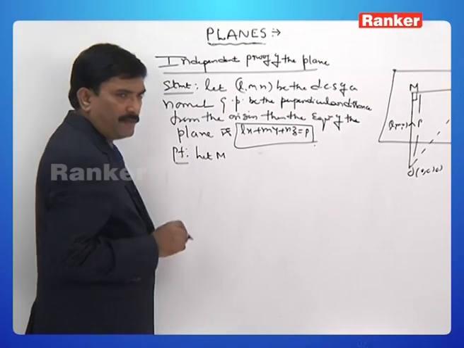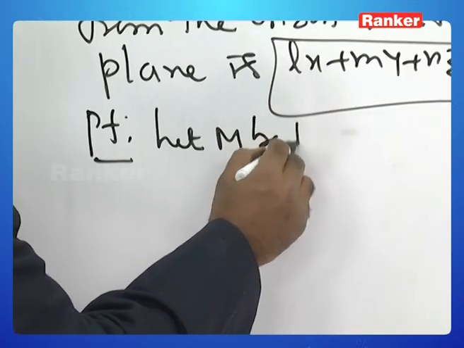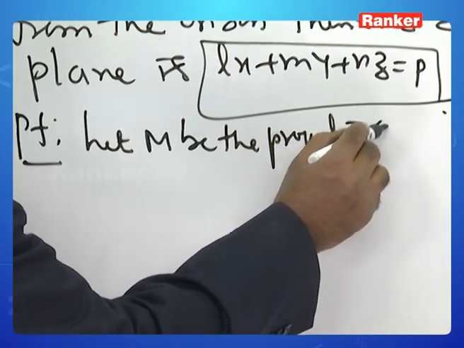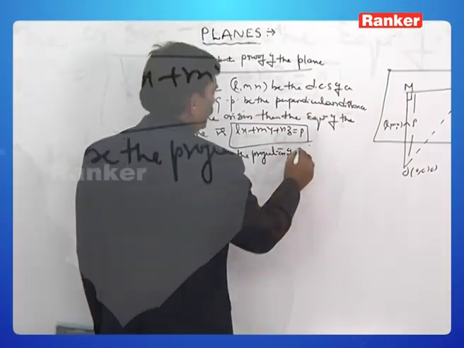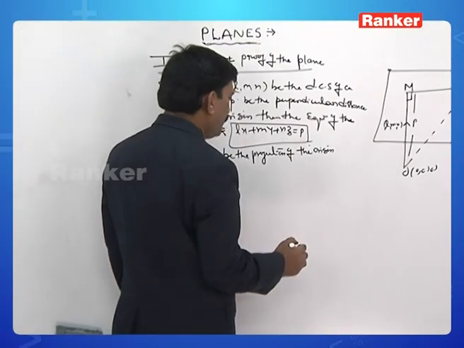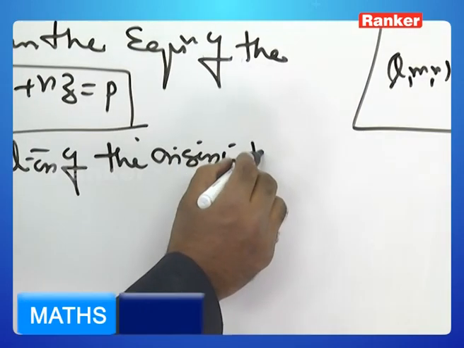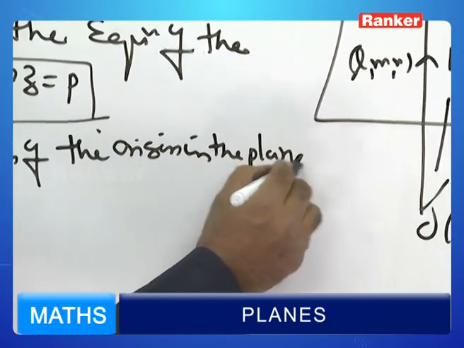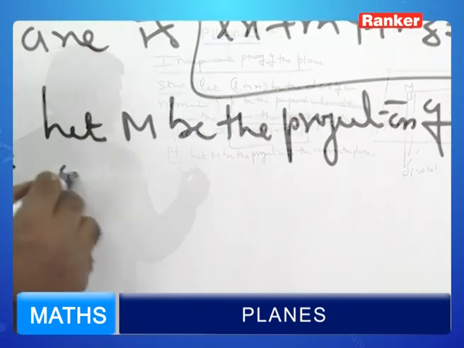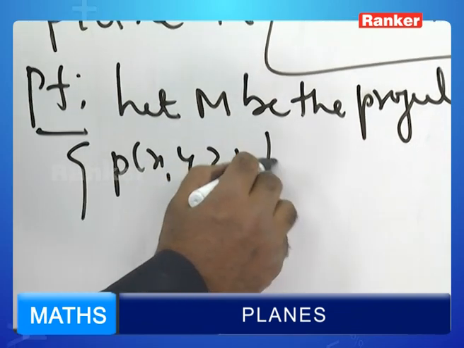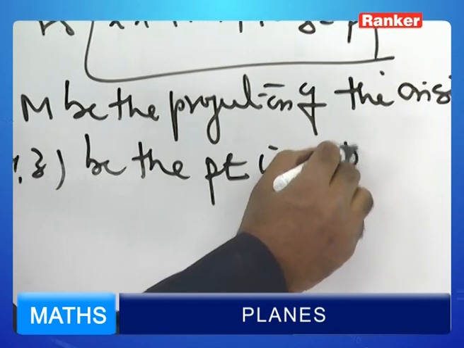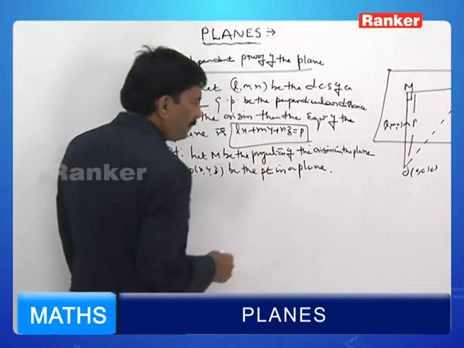Let capital N be the projection of the origin in the plane, and P of x, y, z be the point in the plane.